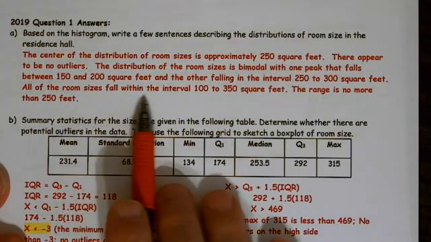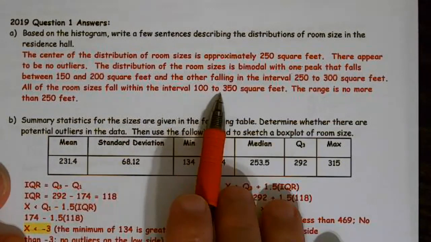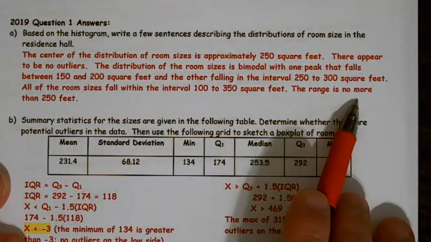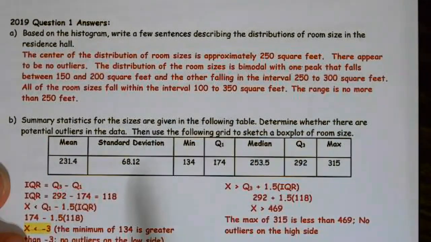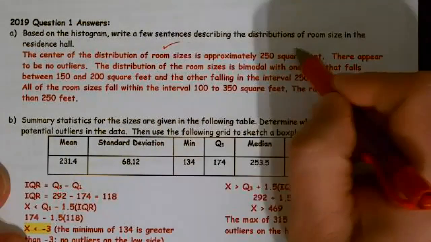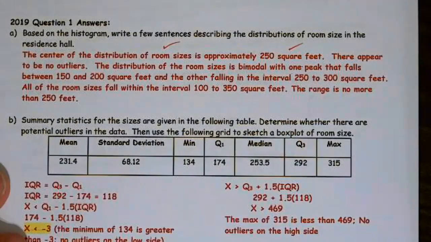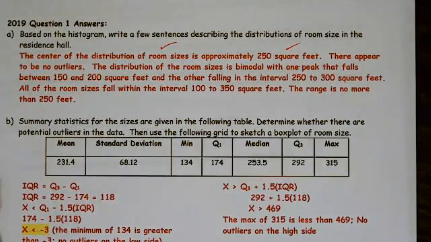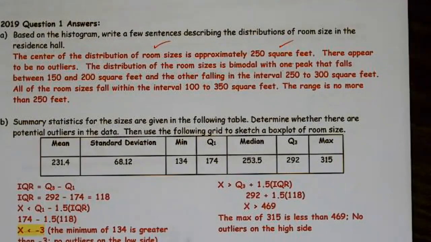All the room sizes fall within the interval 100 to 350. The range is no more than 250 feet. I have it in context because I'm talking about room sizes in square feet. I've been specific on all of my CUSS, and I've covered CUSS, so I'm good to go.